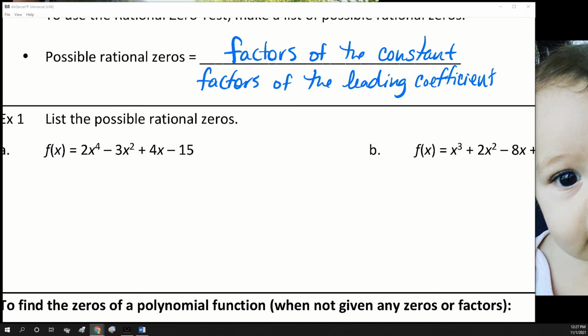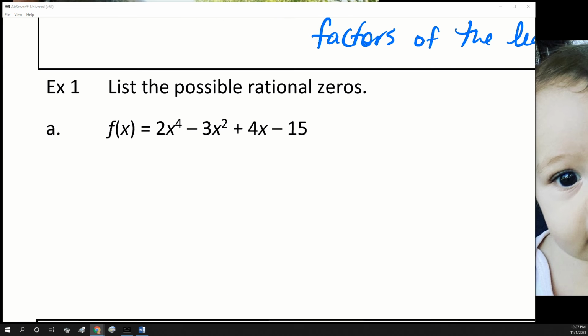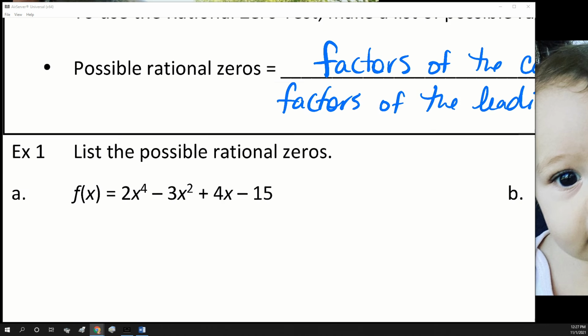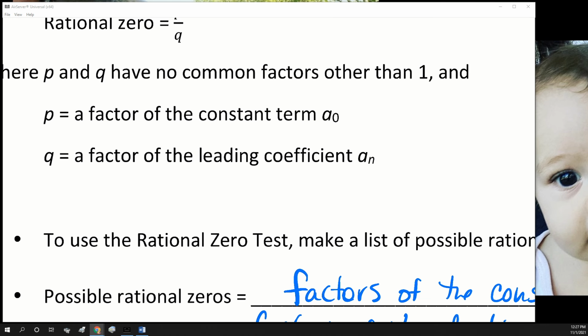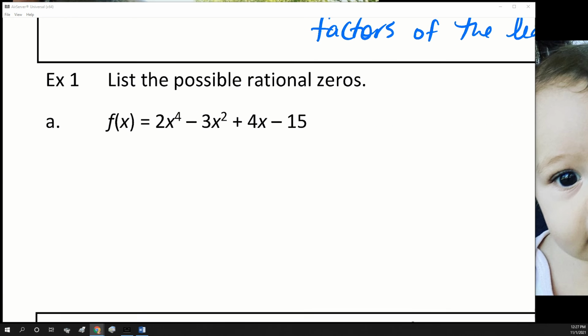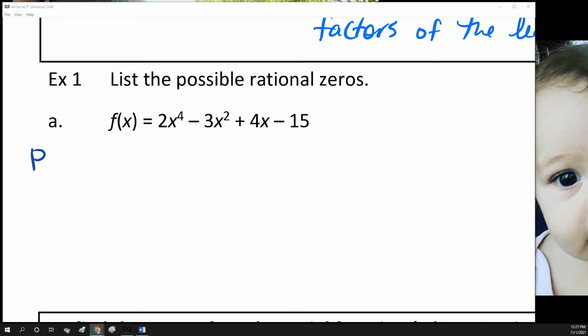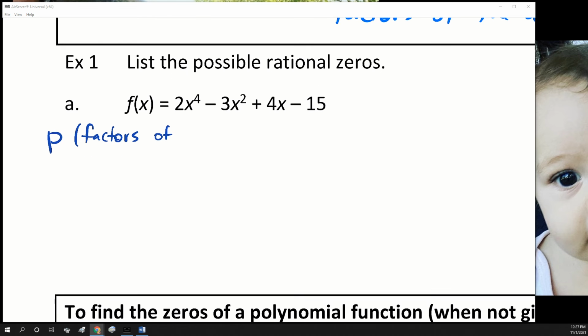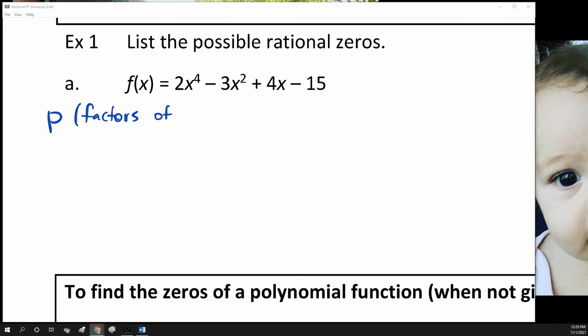All right, so on example 1, we are going to list the possible rational zeros. So P consists of a list of all the factors of the constant. So I'm going to call that P. What is the constant in this situation? -15.